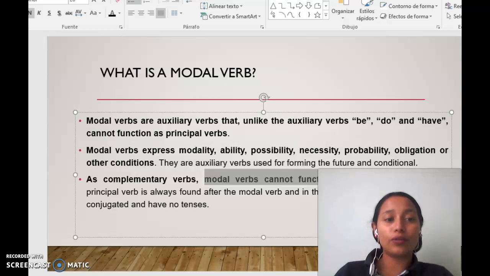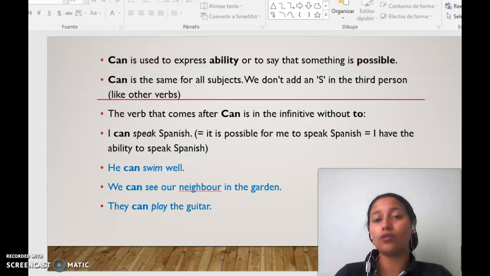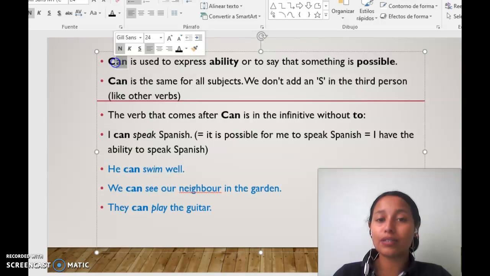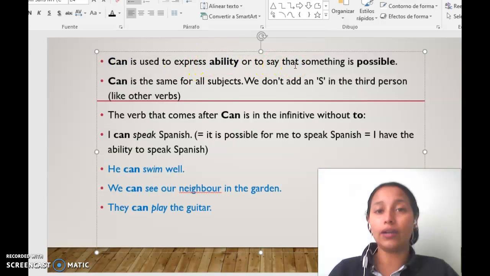So, for the modal verb can, we have some different functions and we have some rules for its use. As you see on the screen, can is used to express ability or to say that something is possible. Utilizamos el verbo modal can para expresar una habilidad o para decir que algo es posible.